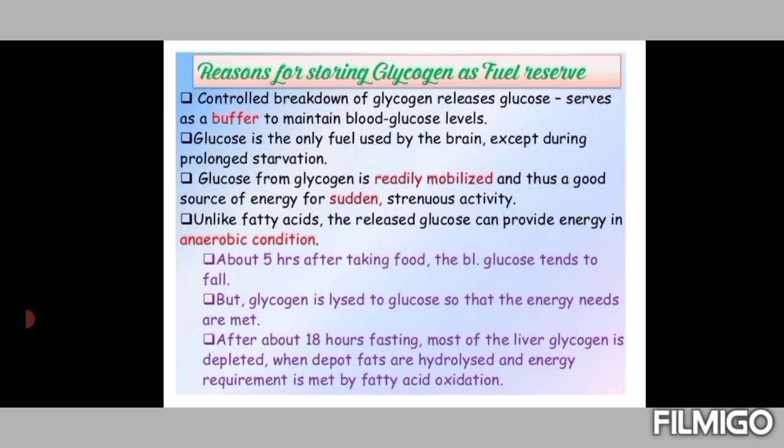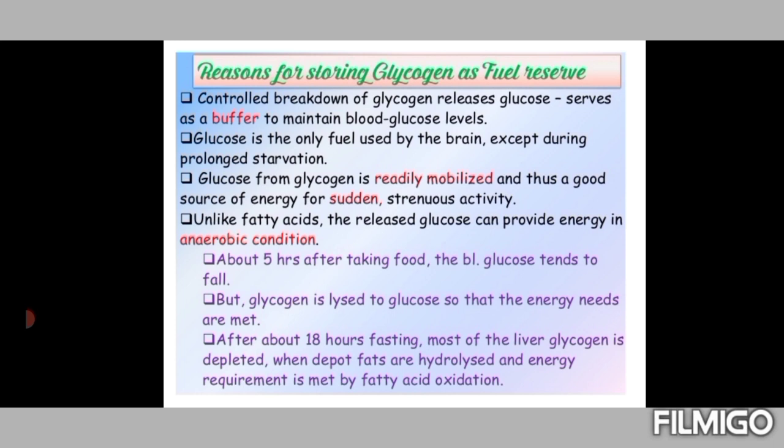And the reasons for storing glycogen as fuel reserve, we can go through. It is a readily mobilizable form of glucose, it can be obtained instantaneously. It helps in anaerobic conditions also, as obviously in muscle cells, it helps anaerobic respiration. Now basically, when we have food, the glucose available from food will last for around 5 hours, after which glycogen will be broken down.